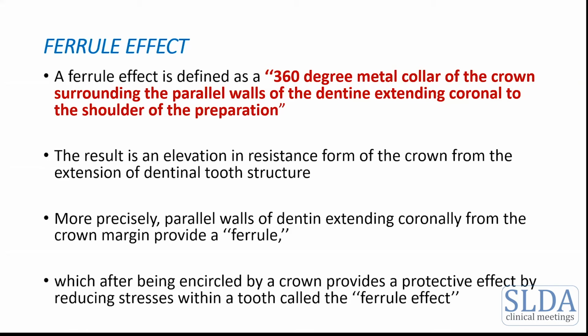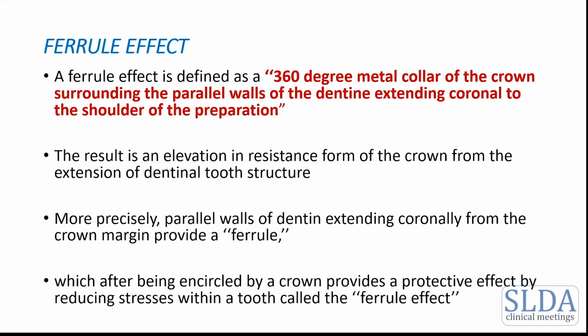More precisely, parallel walls of dentine extending coronally from the crown margin provide a ferrule. So in your crown preparation, there should be a crown margin, and from that margin there should be some amount of supragingival tooth tissue extending from it, usually around 2 millimeters.